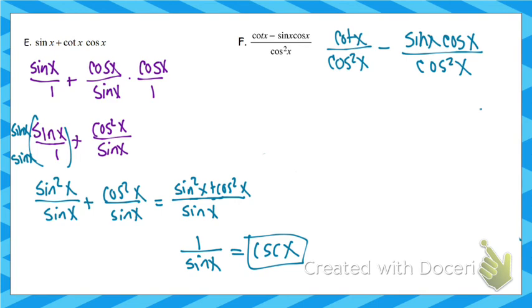All right, and the reason I'm going to do that now is because these are multiplied. I can take one of those cosines and multiply it out. So that means I can rewrite this as cotangent x over cosine squared x minus sine x over cosine x.